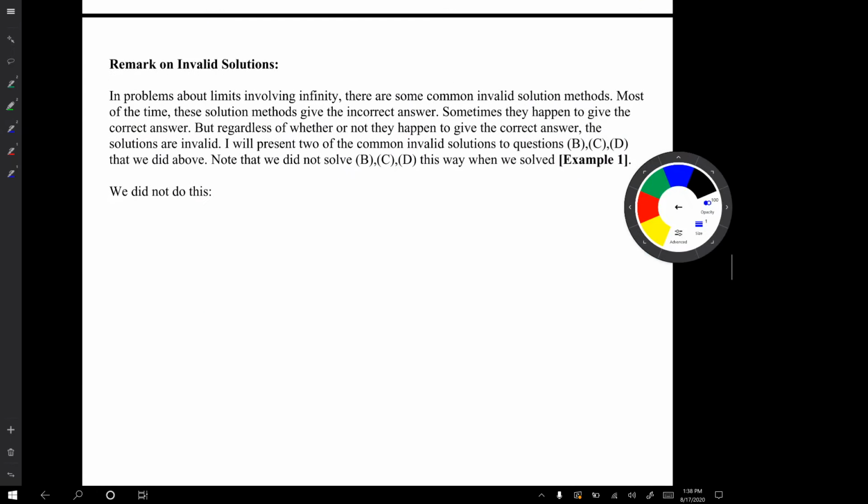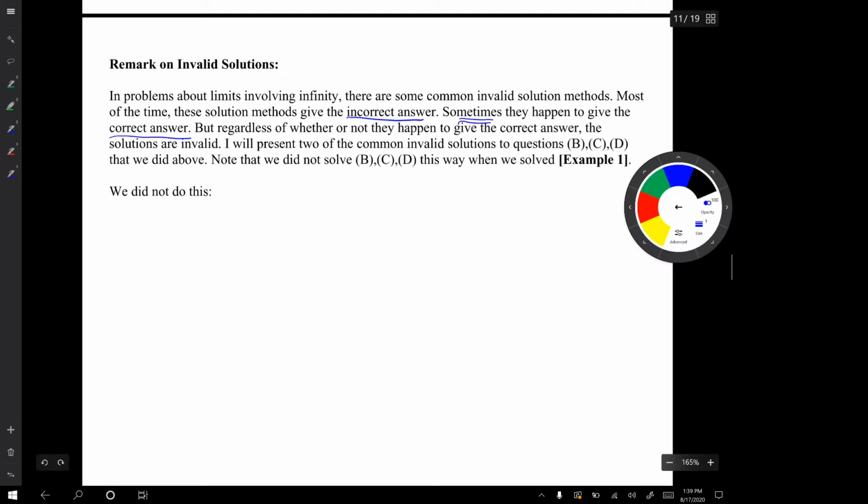Now I'd like to talk a little bit about some common invalid solution methods that I see in student solutions to problems about limits involving infinity. Most of the time, these invalid solution methods give the incorrect answer. Sometimes they happen to give the correct answer.